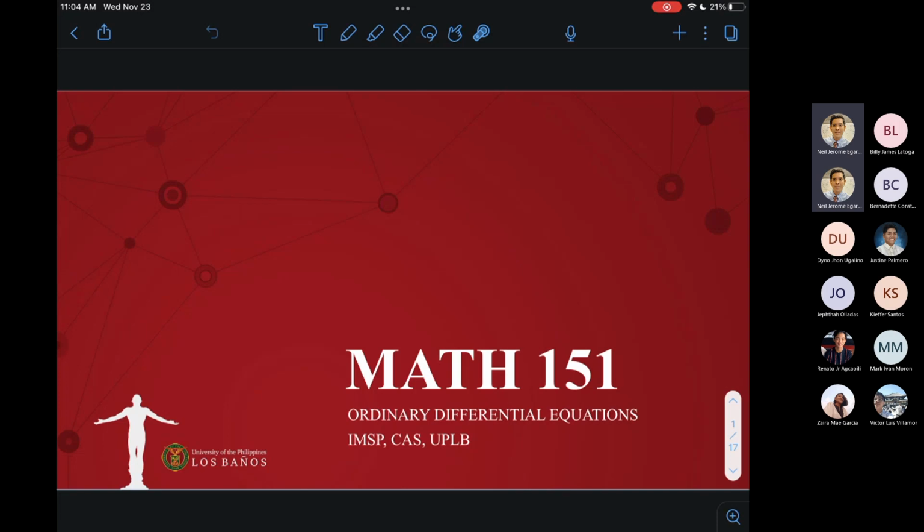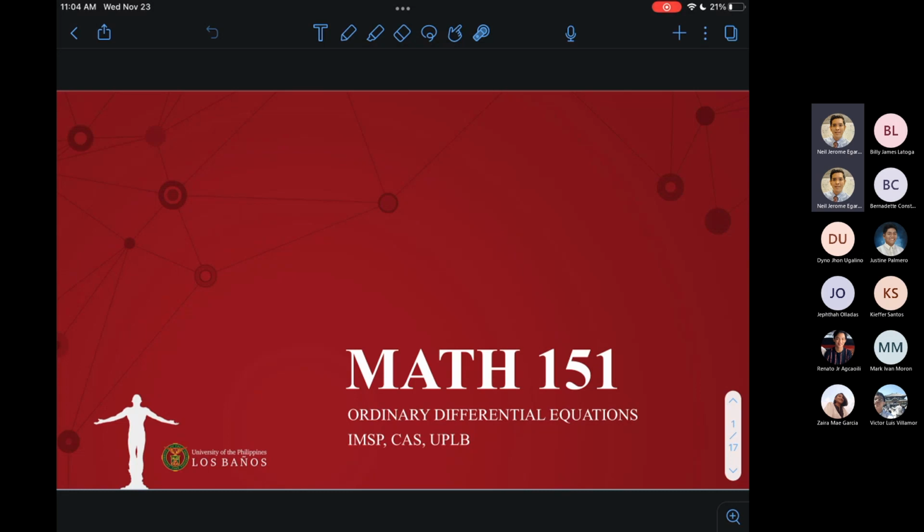Instead of assuming they are constants para kay y1, piliin ko kaya siya so that si C1 at saka C2 ay functions din ni X. Alright, instead of constants, i-assume ko sila ay mga functions of X. That will give us a variety of choices. Kasi nga baka yung constant hindi siya mag-work.